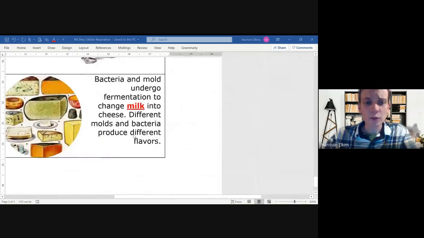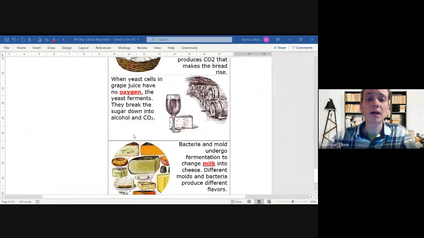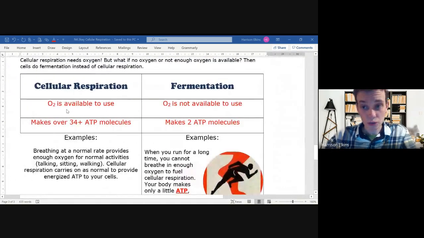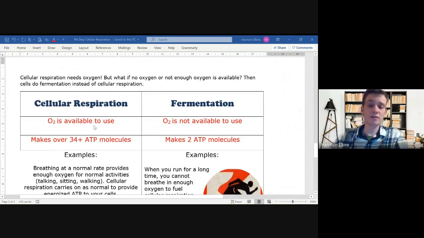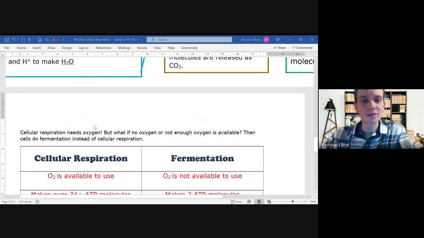So fermentation, again, just to review, is one way that cells can break down sugar if they don't have enough oxygen. If enough oxygen is available to use, cellular respiration is going to be the default normal way to break it down. And that's what you're probably doing right now as you're just sitting here watching.